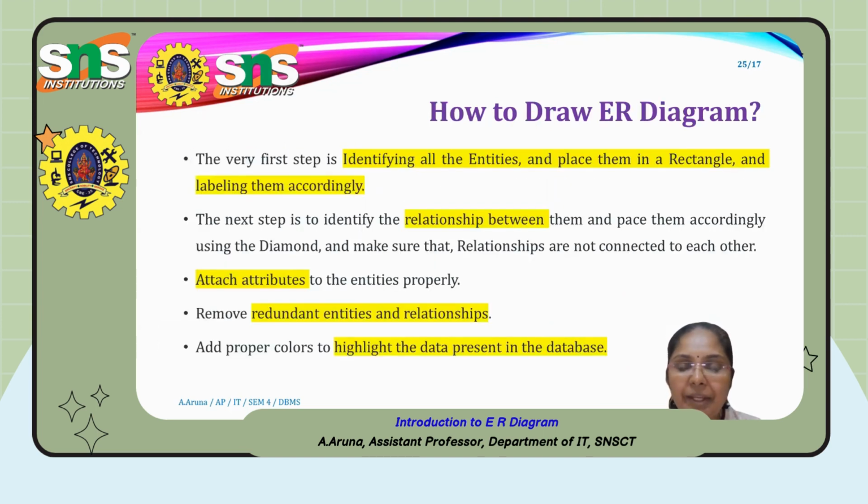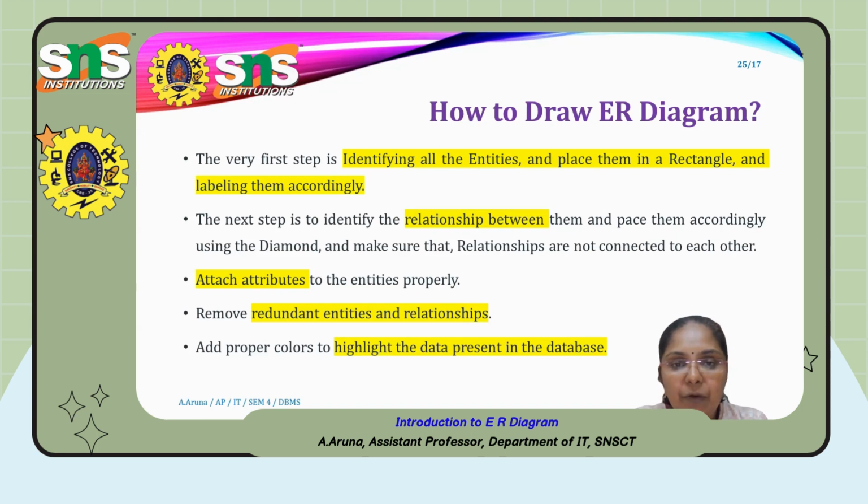The next thing is how we can draw an ER diagram, based on these basic requirements. First, we have to identify the entities. After identifying the entities, we place them in a rectangle with a label. After that, we identify the relationship between the entities.